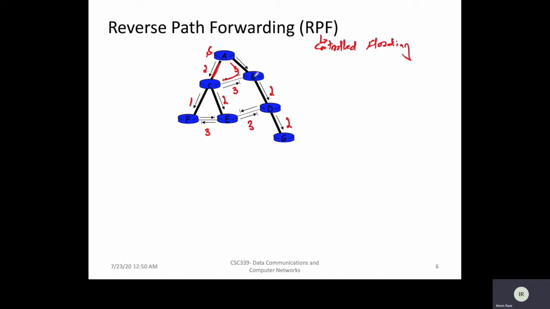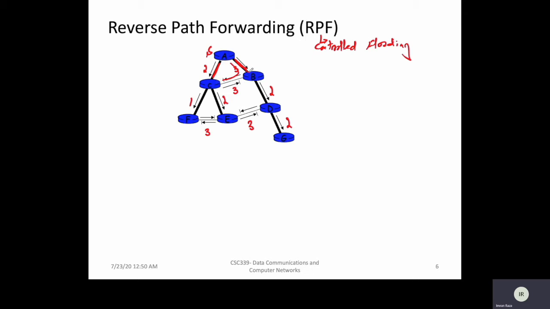Okay. So similarly, what do you think is the least cost from B back to A? Is it this link, which is 3, or is it through the path from A to C and from C to B, which is 5?